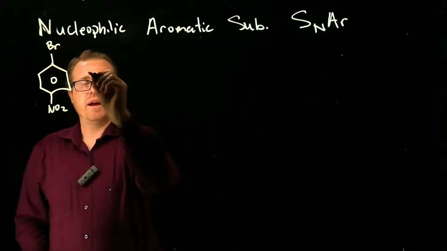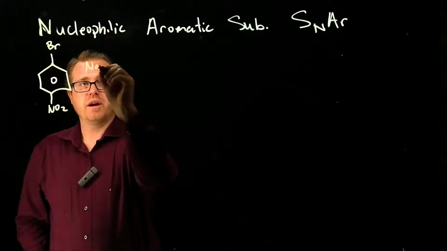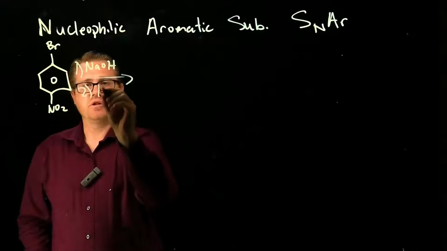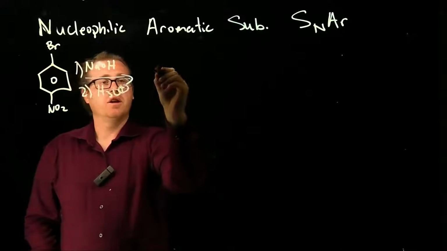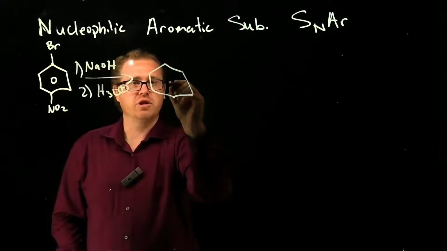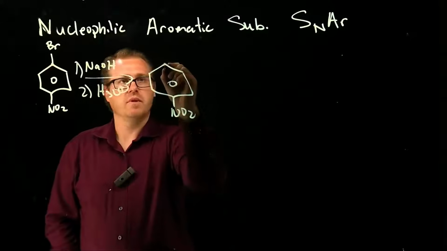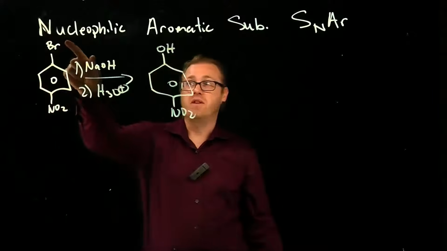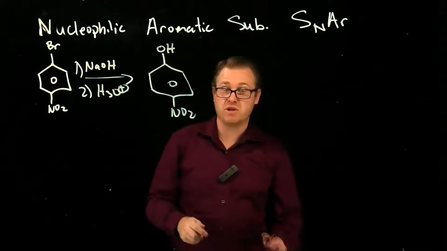We just went over that if you took sodium hydroxide, and then that's step 1, and then step 2, you do your acidic workup, you would get a substitution, right? And this reaction proceeded via nucleophilic aromatic substitution mechanism.